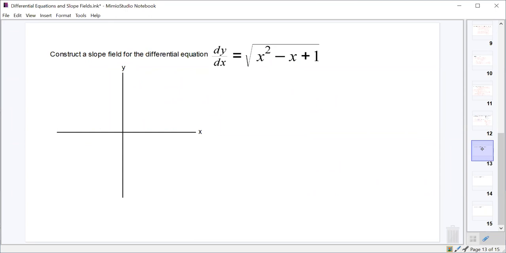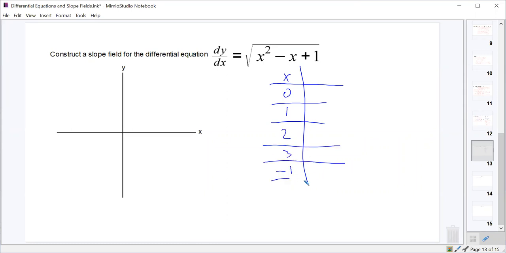So I want you to figure out at x equals 0, 1, 2, and 3 maybe, and over to negative 3, what the slopes should each be. So x is, we'll say, 0, 1, 2, 3, and let's go negative 1, negative 2. And I want you to tell me what is dy dx for each of those. So take just, I don't know, a minute and plug in each of those values in here to figure out what dy dx is. Ready to go.